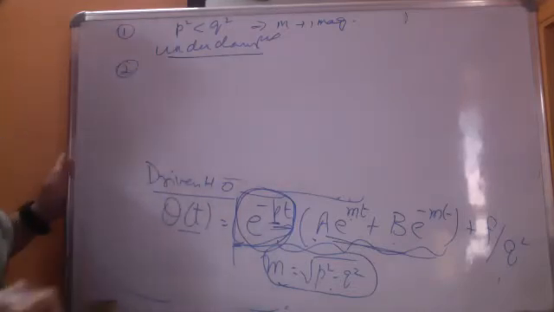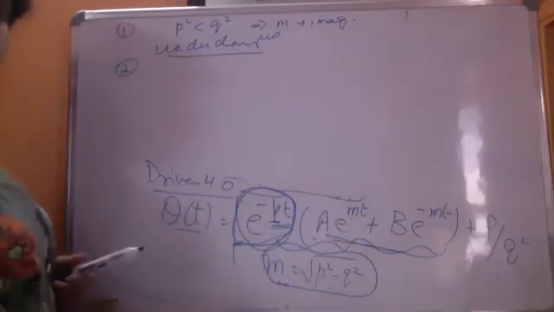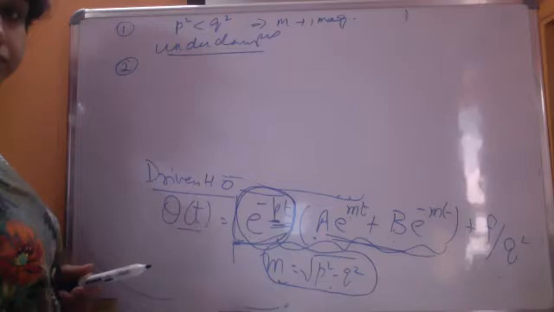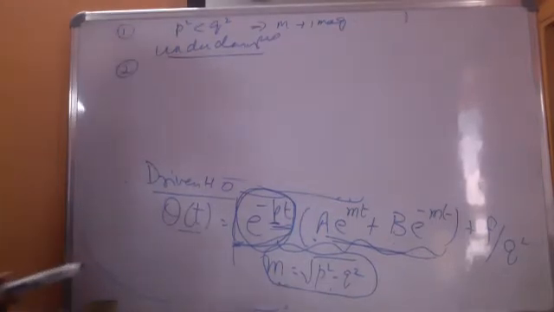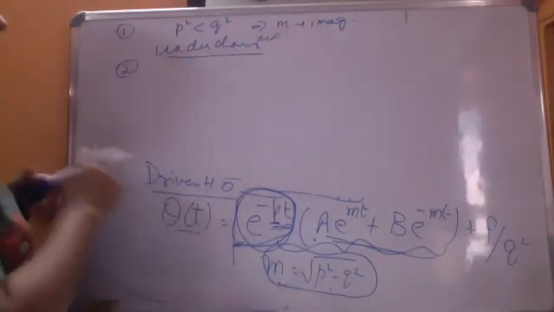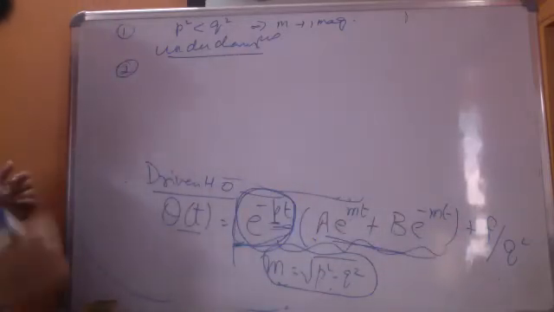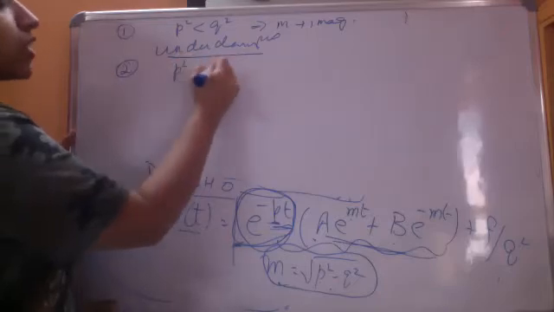So what is going to happen? Your theta t is going to have a sinusoidal behavior plus this constant driving force. Now, the second case is when your P square is greater than Q square.